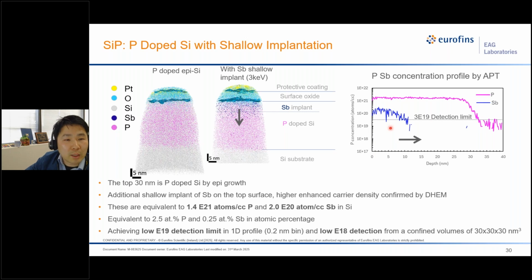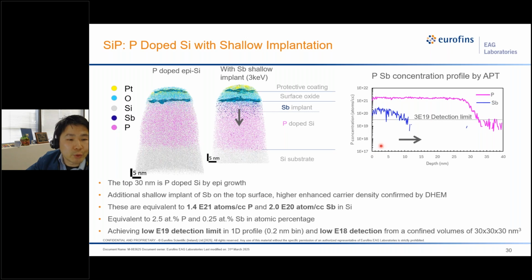In the 1D concentration profile, the detection limit we estimated is around 3E19, using a 0.2 nanometer bin size. So that's the detection limit from the 1D concentration profile.